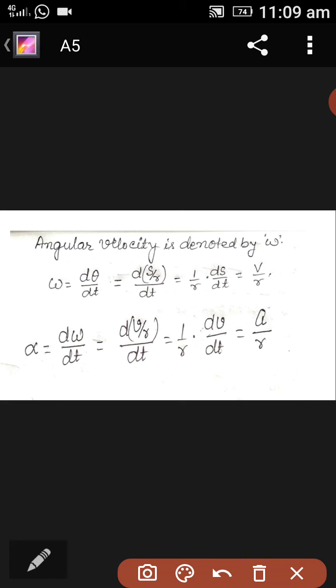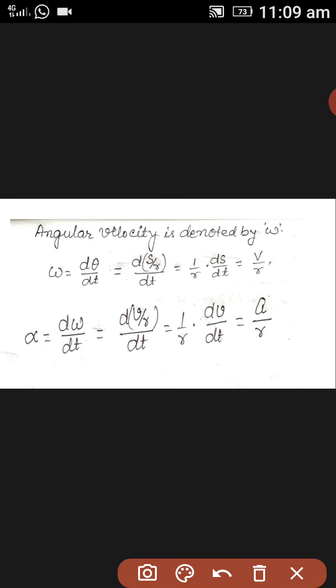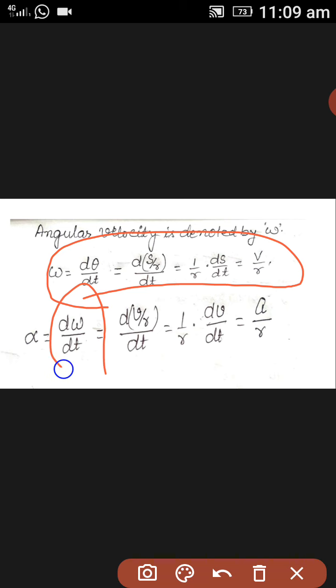Now we want to see the relation of linear acceleration and angular acceleration. Linear velocity we have already seen. Now alpha denotes the angular acceleration. The angular acceleration will be d omega by dt.